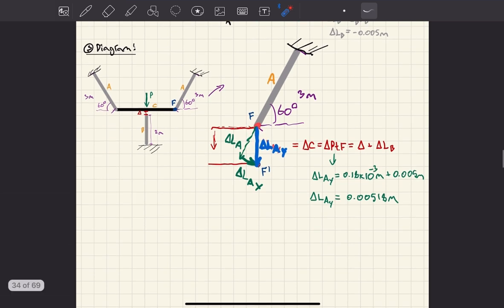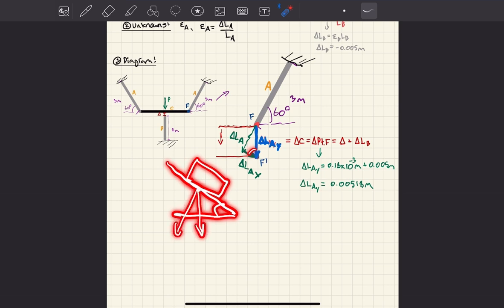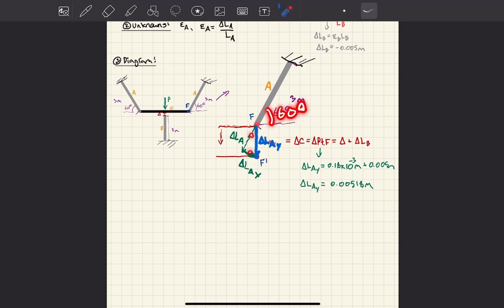Well, good old trigonometry comes to your rescue. This is 60 degrees, but you can also find this just by looking at it.